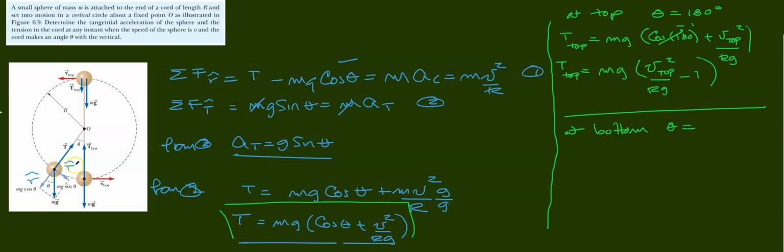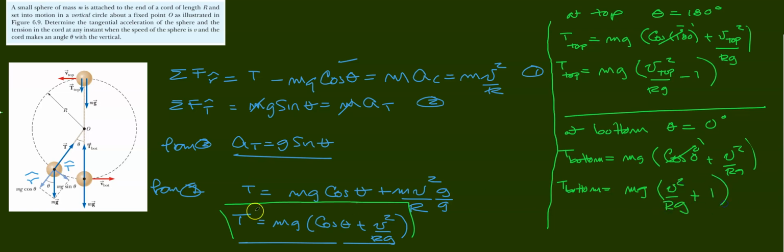Okay. If I repeat this at the bottom, the angle measured with respect to what they are doing in the figure is 0 degrees. So that means the tension at the bottom is mg, following this, cosine of 0 degrees plus v squared over rg, which of course can be written as mg, this is 1, so v squared over rg plus 1.